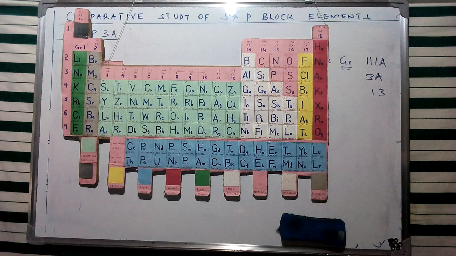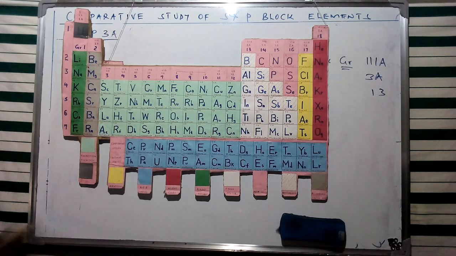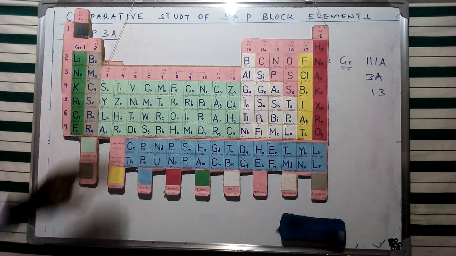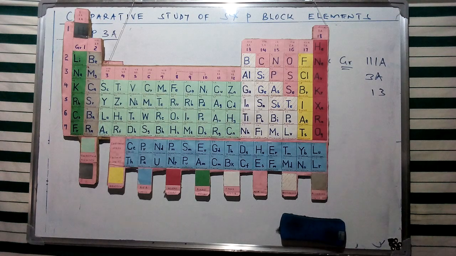We had said that the alkali metals and the alkaline earth metals are going to form the S block elements. And at this middle section, we have elements with a specific configuration whose last electrons enter the D subshell in the next to the last shell, and we classified these ones as the D block elements.